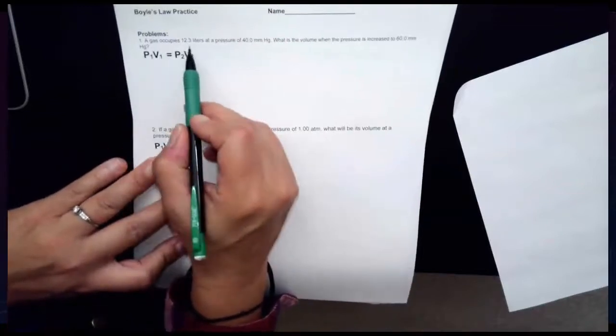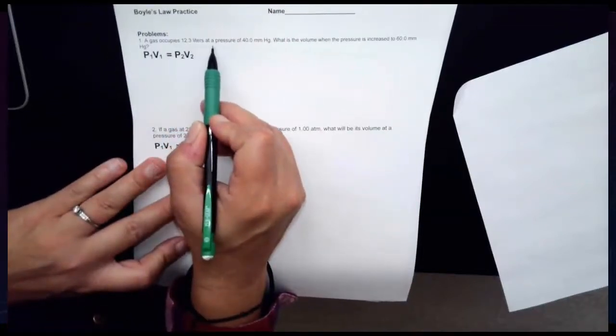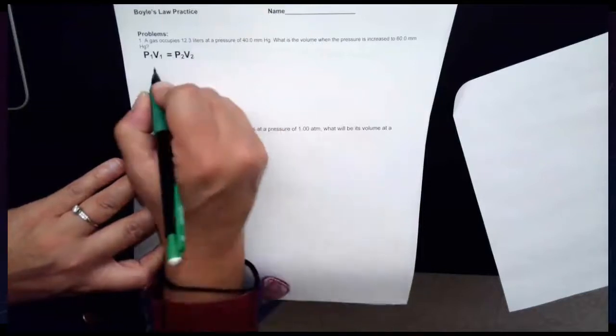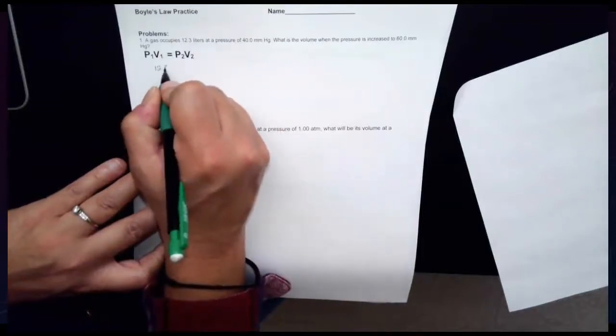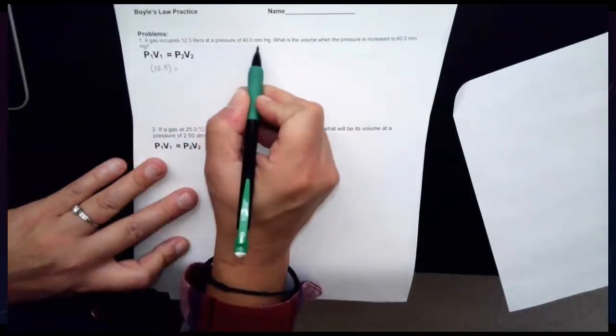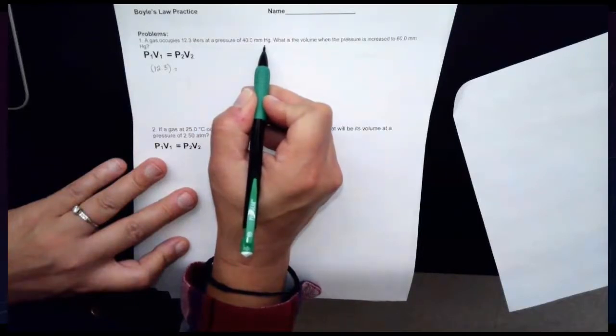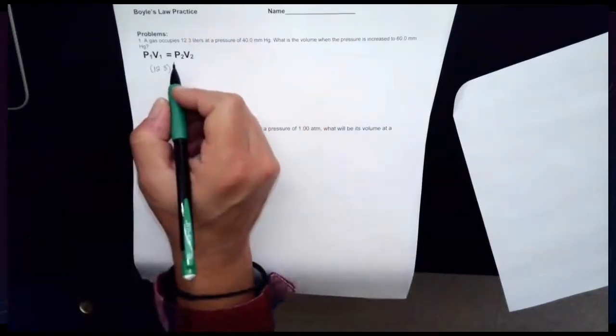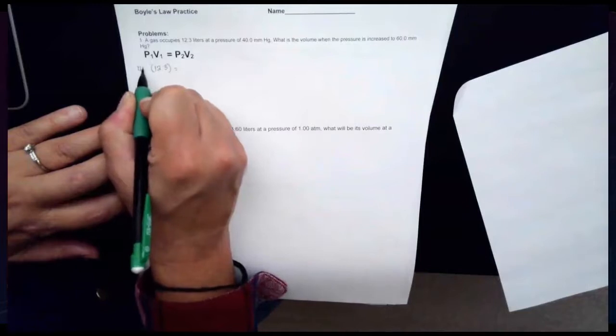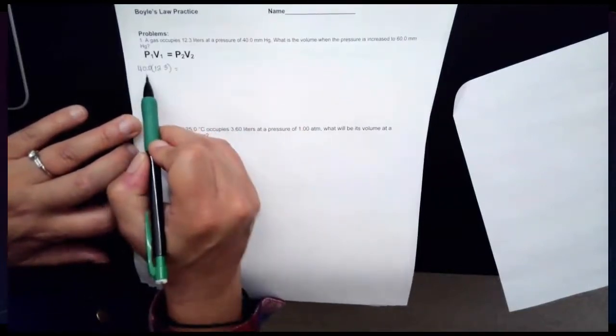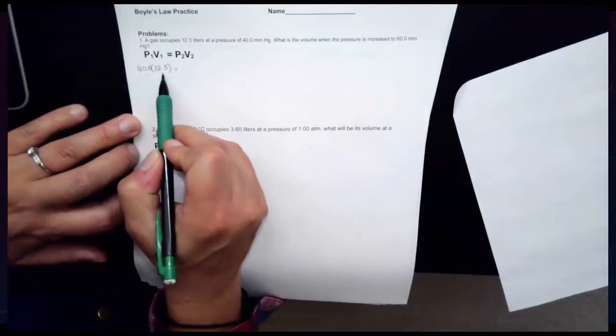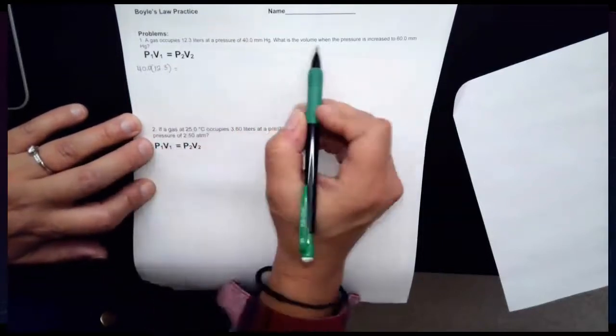A gas occupies 12.3 liters. Okay, that's the volume, so let's put that here, 12.3, at a pressure of 40.0 millimeters of mercury. So that's the pressure. So we'll put that here, 40.0. What is the volume?